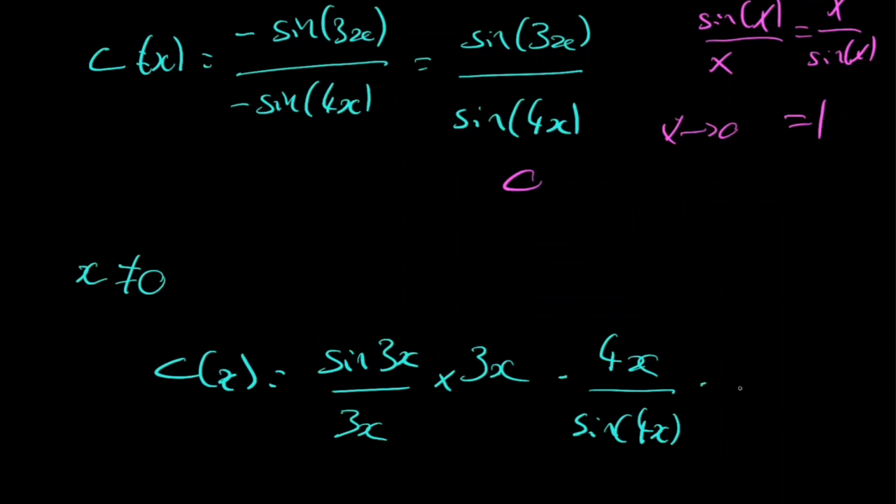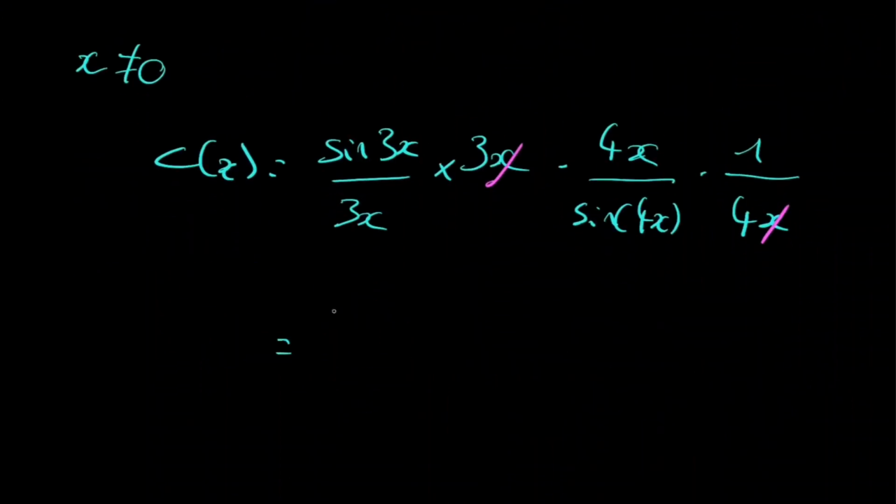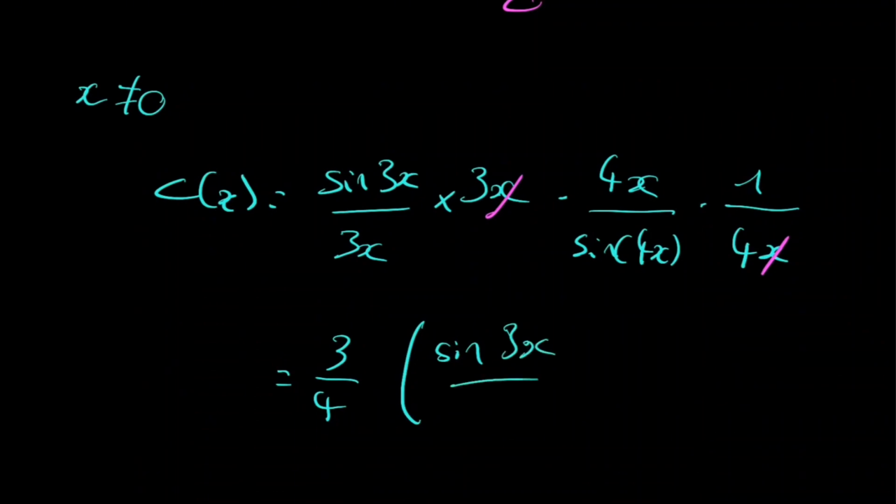Let's divide by 4x as well, because I don't want to change anything to my expression. Let's simplify those two useless x's, and we'll have C is equal to 3 over 4 times sinus of 3x over 3x times 4x over sinus of 4x.